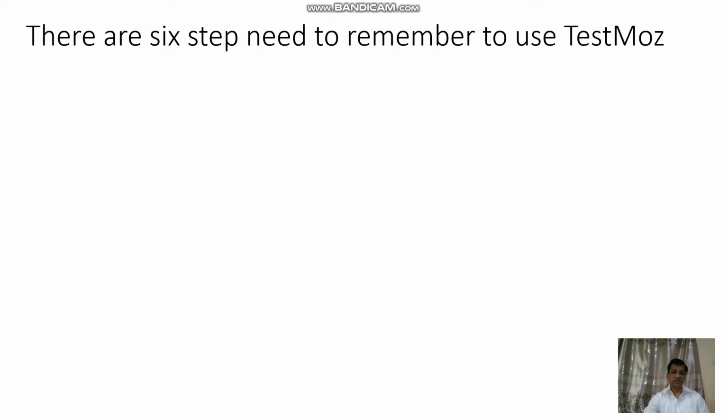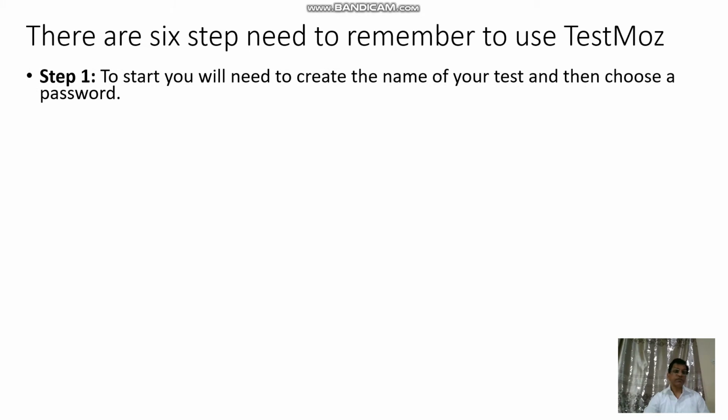The 6 steps play a very important role in generating a very effective online test for any teacher, any learner, employer, or other job seekers. Step 1: to start, you will need to create a name for your test and then choose a password.